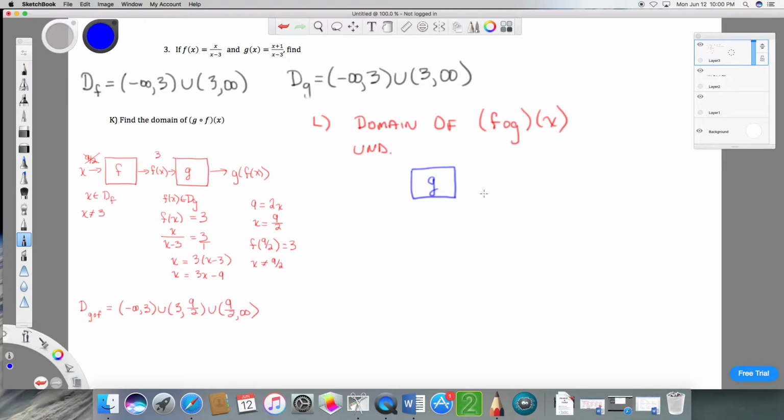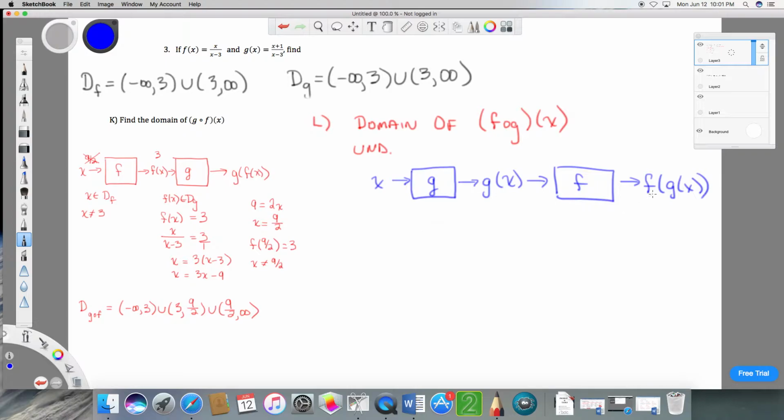That g is now being applied first, and then the output of g is becoming the input for f. And the output of f is our final answer.